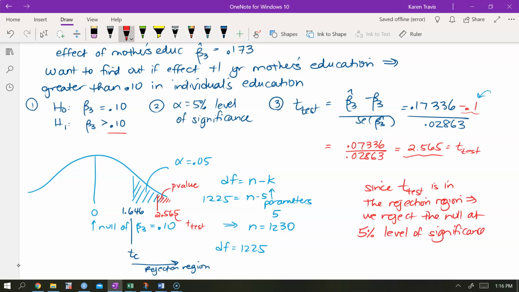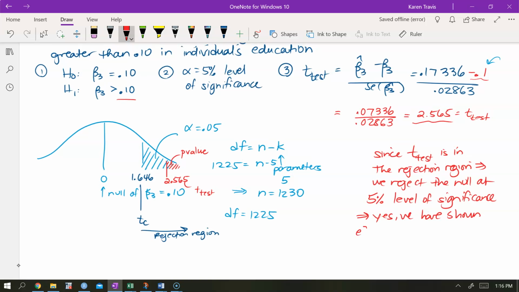And what this means is, yes, we have shown the effect of the mother's education is greater than 0.1.